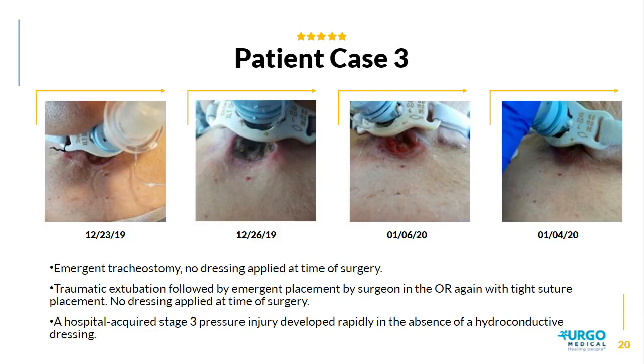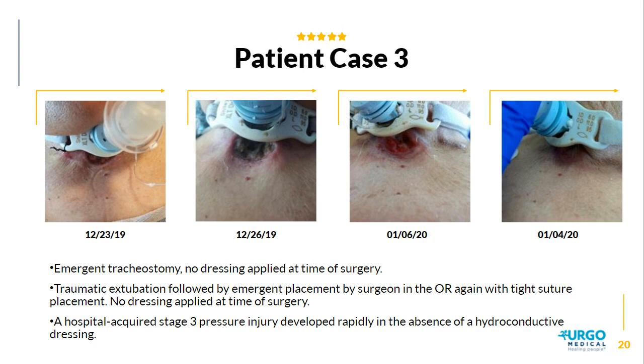Patient 3 is a patient that my colleague Isabel Jimenez had actually managed. This particular patient was 72 years old. She was diagnosed with high-grade B-cell lymphoma, stage 3, in November of 2019. On December 21st, she came to the emergency department for difficulty swallowing.